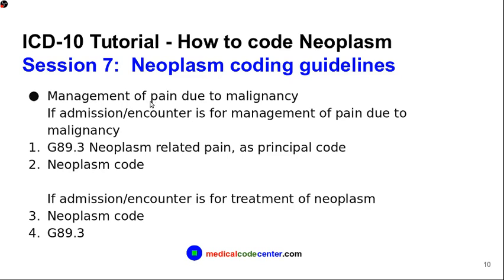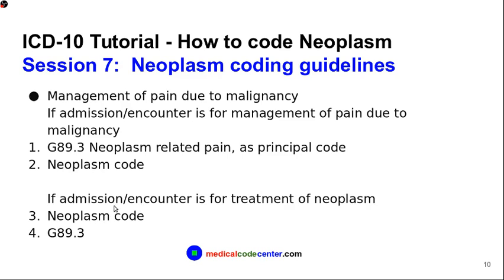For management of pain due to malignancy, if the admission or encounter is for the management of the pain due to malignancy, you code the neoplasm related pain as the principal code. That code is G89.3, and then the neoplasm code will be the secondary code.